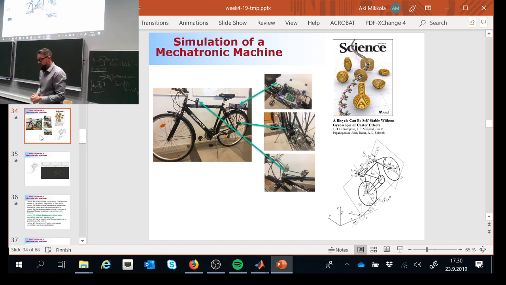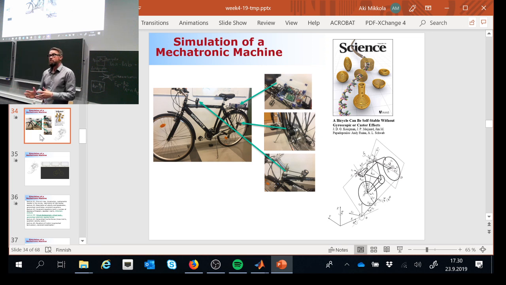Now, in order to demonstrate something called virtual sensor technology, we made an instrumentation of a bicycle. The instrumentation is such that we are measuring 3 degrees of freedom that the bicycle model has: the steering angle, the leaning angle, and the forward velocity.